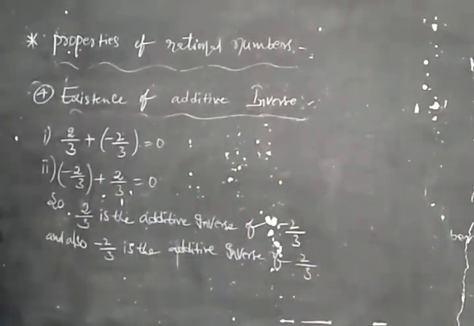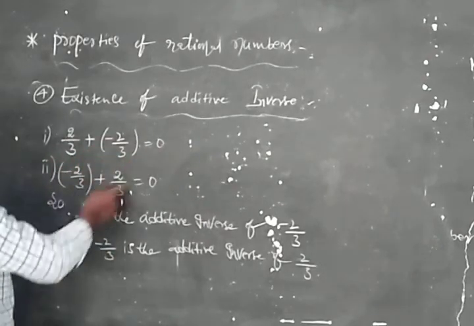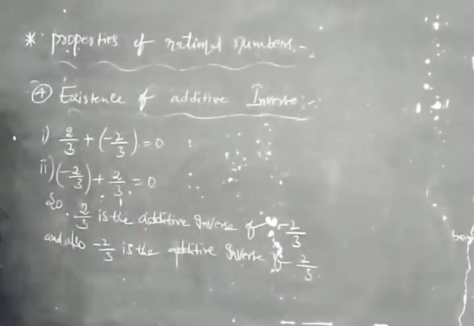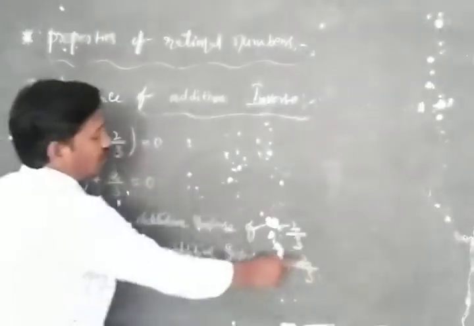So write down: existence of additive inverse. 2 by 3 plus minus 2 by 3 equals 0, minus 2 by 3 plus 2 by 3 equals 0.